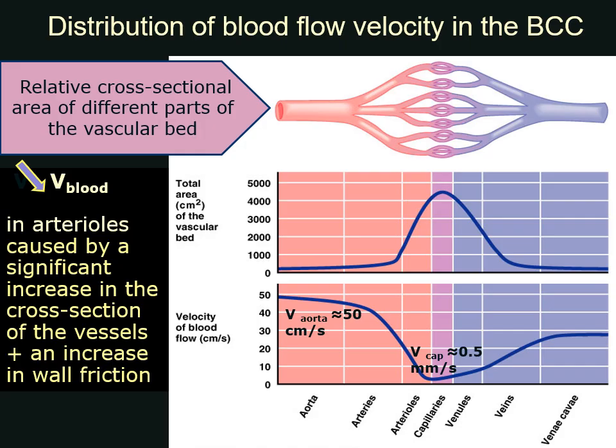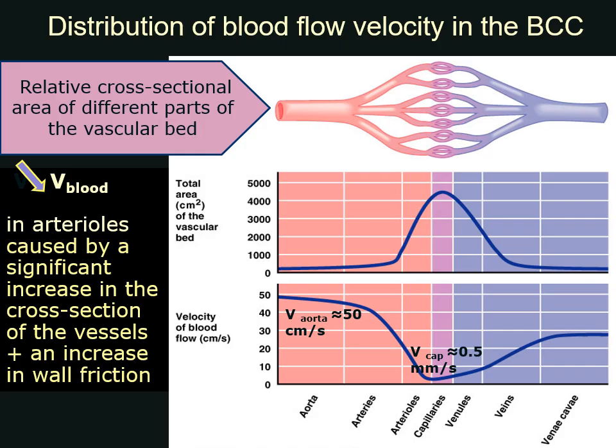That is, the red blood cells in the aorta, even in the absence of physical activity, move at a speed of half a meter to a meter per second. This is the maximum speed of blood movement in the cardiovascular system.